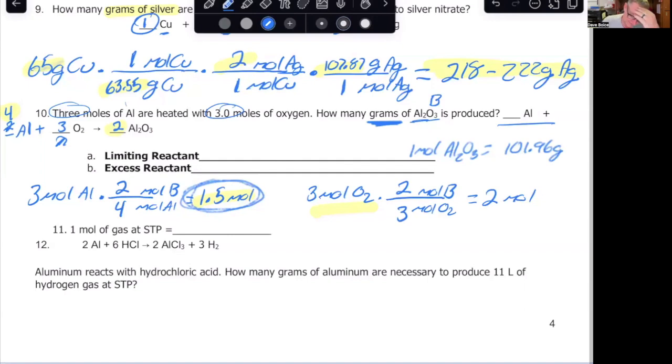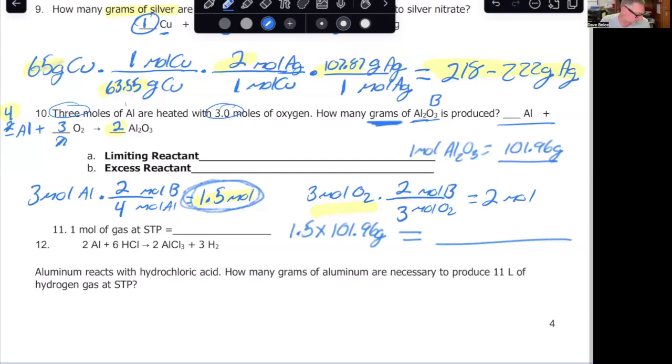Okay. And then to get my final answer, what I'm going to do is the number of moles times the molar mass. So 1.5 times 101.96 grams is going to be equal to my answer, the number of grams that I can make.